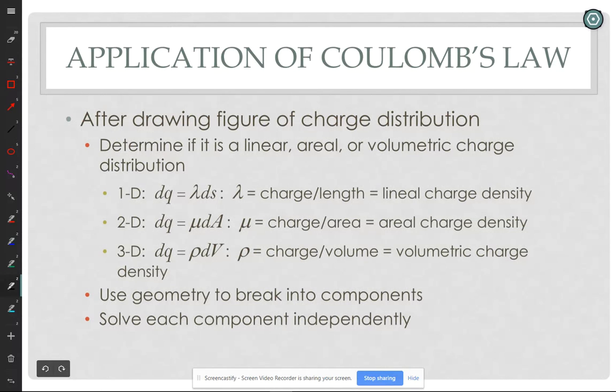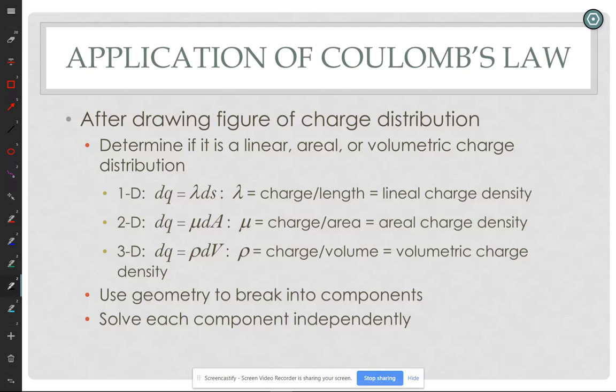Now, in applying Coulomb's law, we have three different fundamental ways we can have charge distributed. We can have the charge distributed on a line, in which case we say dq is lambda, the charge per unit length, times ds, which is the piece of length.